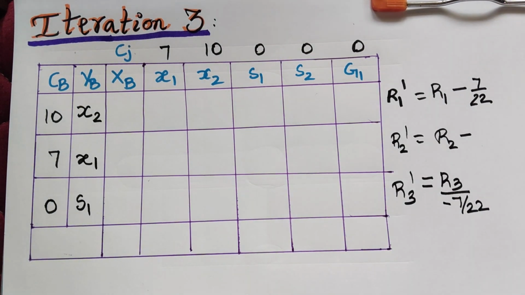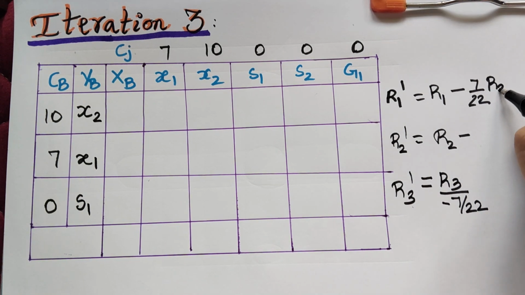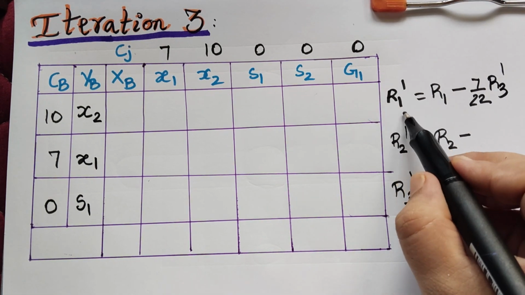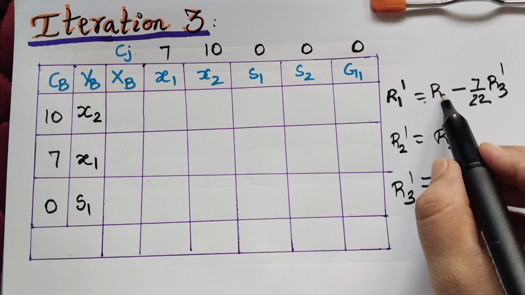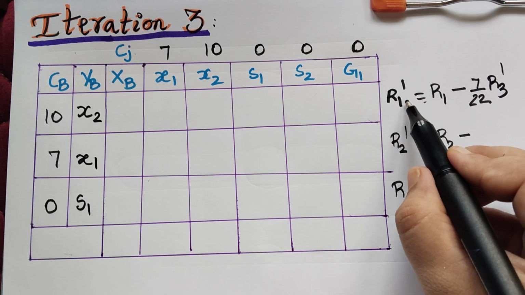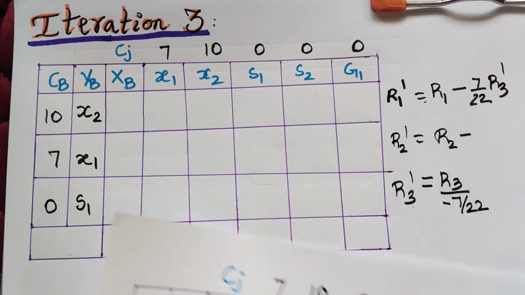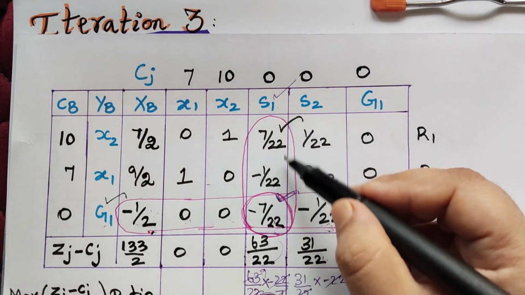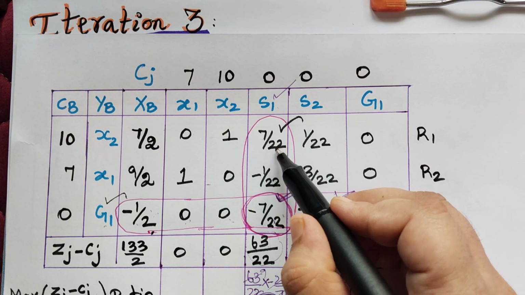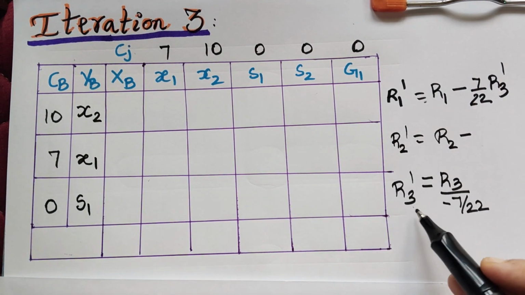New pivotal row is R3 dash. So multiplied with R3 dash. So remember, to find R1 dash, it's equal to old row, that is R1. The old row corresponding to R1 dash is R1 minus the element from the pivotal column in that row, 7 by 22, multiplied with the new pivotal row R3 dash.